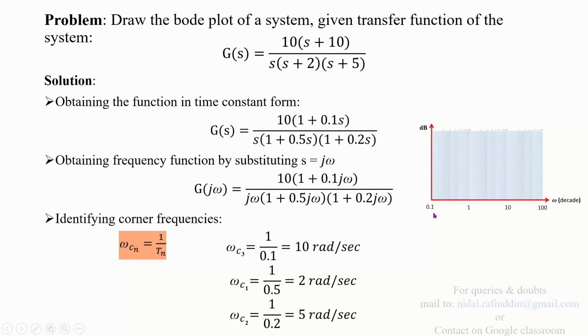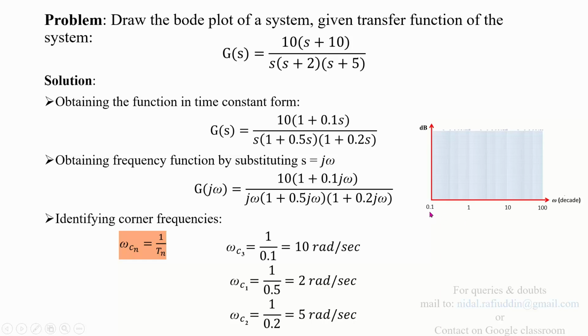One more thing: while you are going to draw the Bode plots, there is an option that depends upon you, which is at what frequency you are going to start on the x-axis. This first of all depends upon the smallest corner frequency you identified. Since the smallest corner frequency is 2, the starting point on the x-axis should be less than 2.